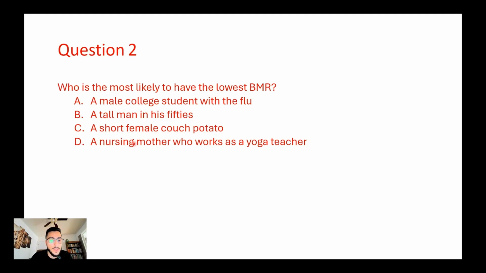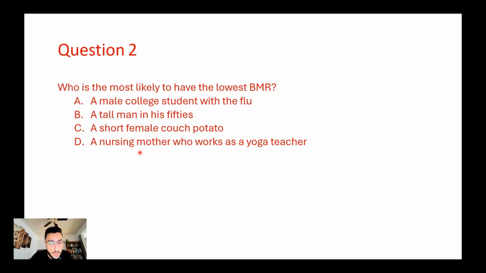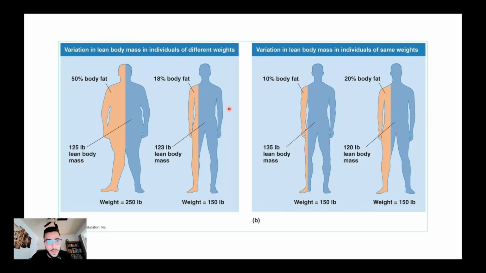So for example, nursing mother, well, nursing mother basically has a child that she's giving milk to, and so that's additional energy requirements. She's also a yoga teacher, so she does physical activity probably on a regular basis, and so she probably has a higher BMR.